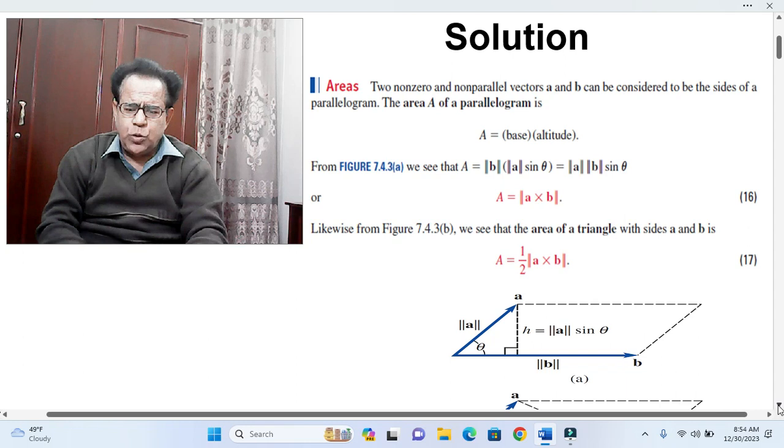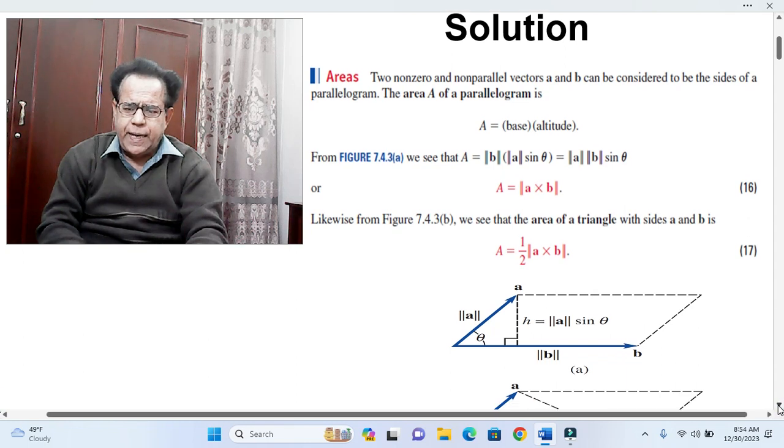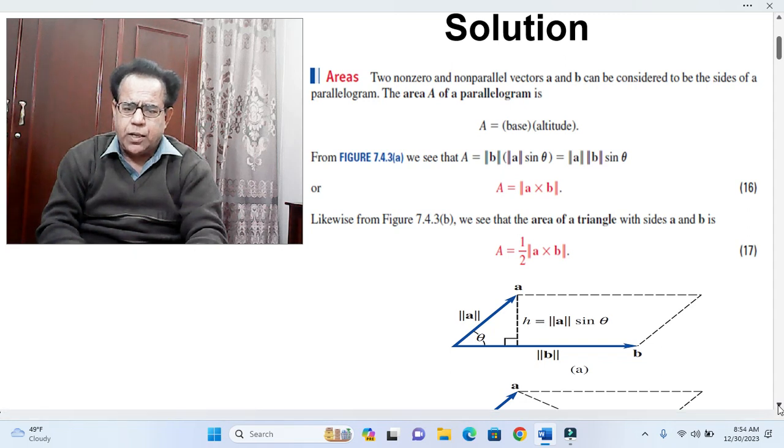Two non-zero and non-parallel vectors A and B can be considered to be the sides of a parallelogram. The area of a parallelogram is A equal to base into altitude.